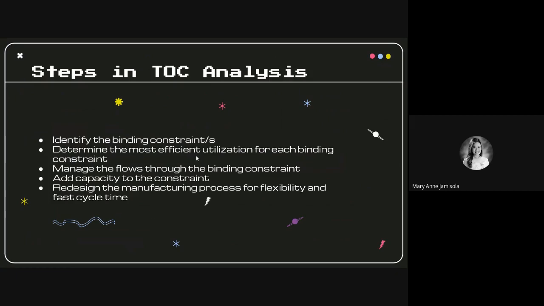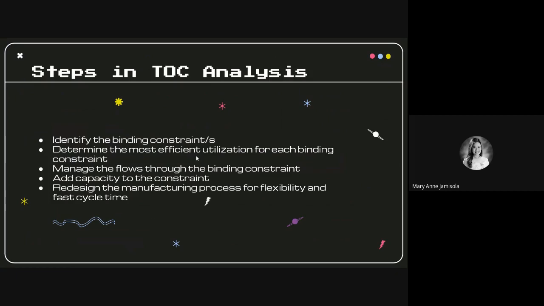Step four is to add capacity to the constraint. As a longer term measure to relieve the constraint and improve cycle time, management should consider adding capacity to the constraints by adding new or improved machines and or additional labor. So for example, one of our constraints is that our current machines can only produce a specified number of products or units per day. So let's say this one machine can only produce 10,000 units per day.